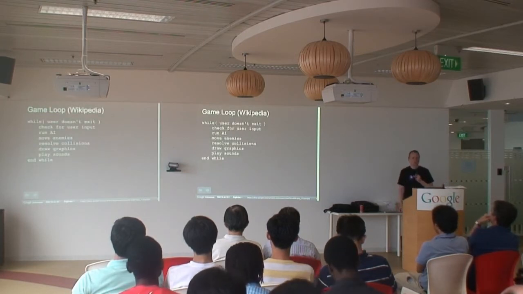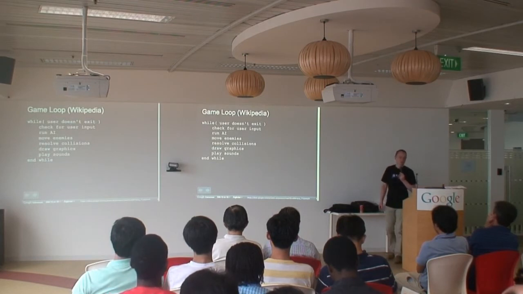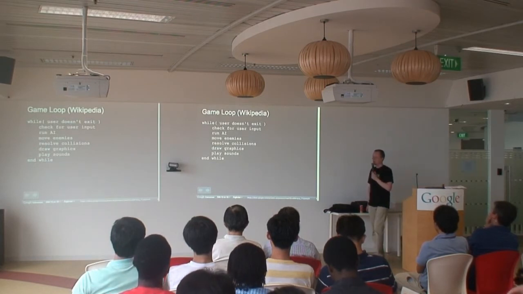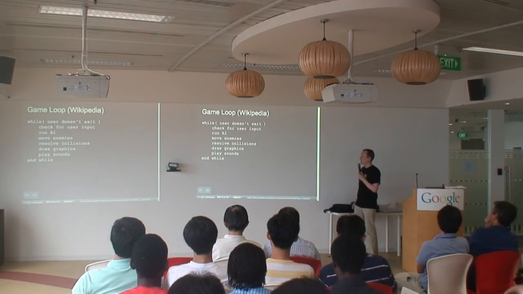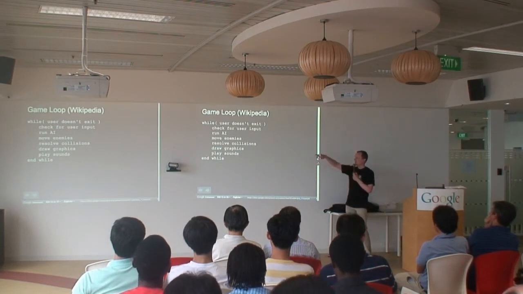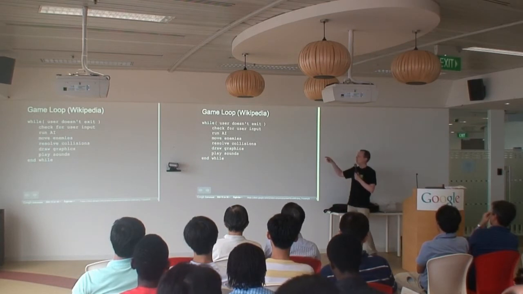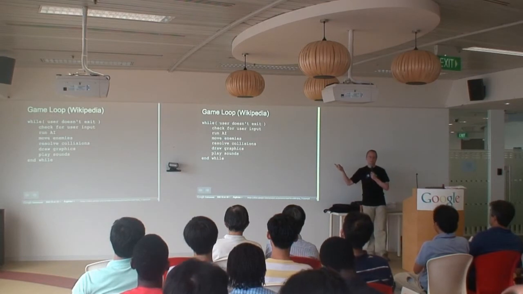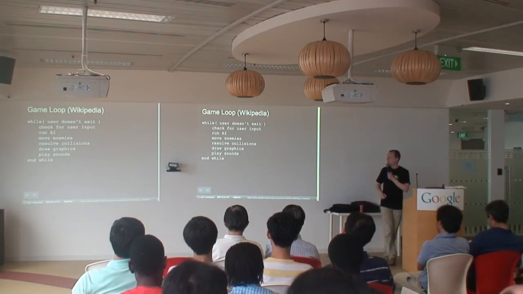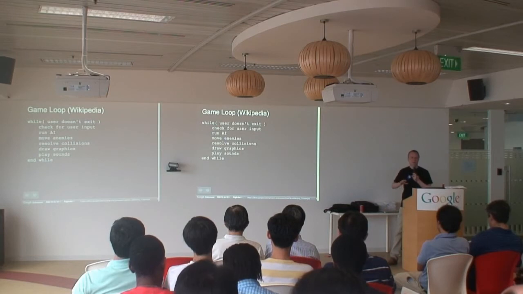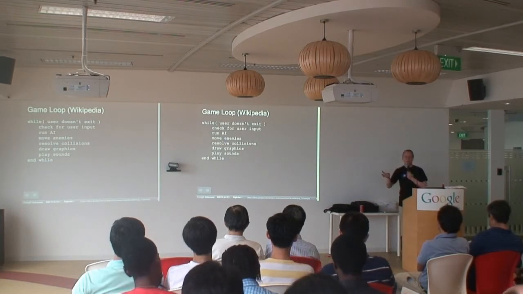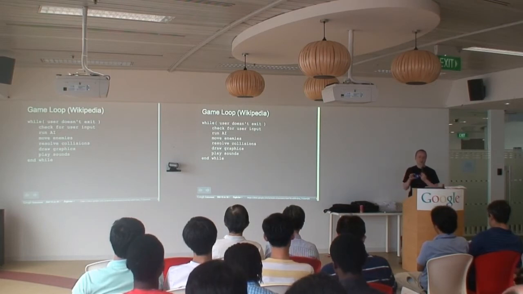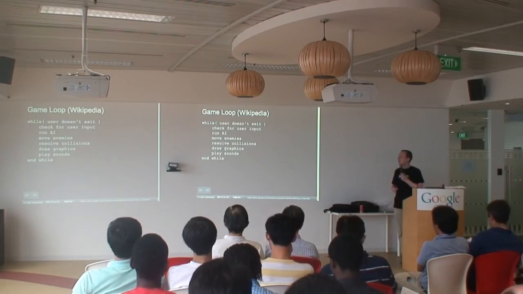So when you write the game, you typically have a game loop. And Wikipedia describes this like this: you have some while loop or similar that goes round and round, and for each step you check for user input, run the artificial intelligence of the application, move the enemies if there are any in the game, resolve collisions between the enemies and the main player and the movables.